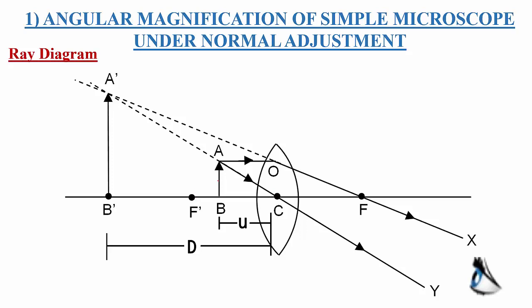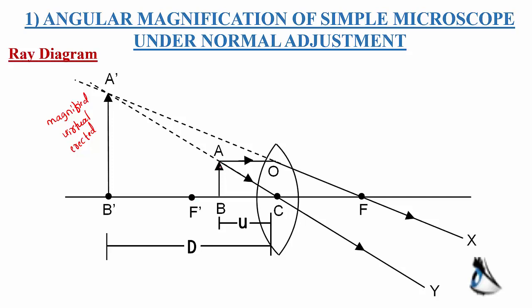When the object is between the optic center and the principal focus, the image is always magnified, virtual and erect, only when the object is kept between the optic center and the principal focus.